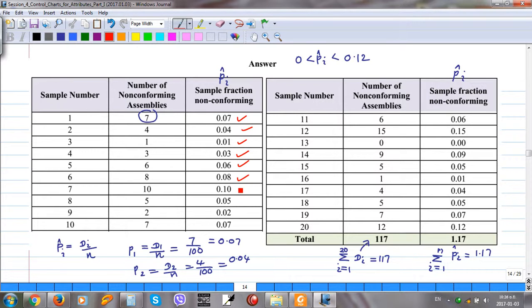This one is in the range, this one is in the range. 0.06 also, but 0.15 goes beyond this, so that is not in the range. 0 is also not in the range, because there is no equal mark there. This is in the range.